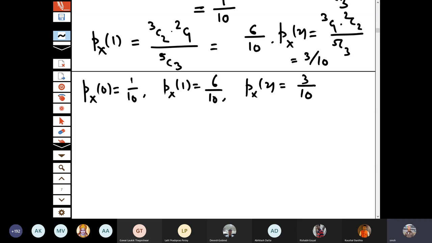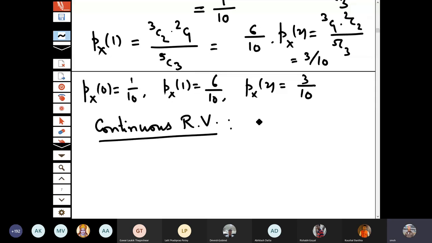Okay. Now let us go to the continuous random variable. Now in the case of continuous random variable, the probability distribution is defined in a different way.